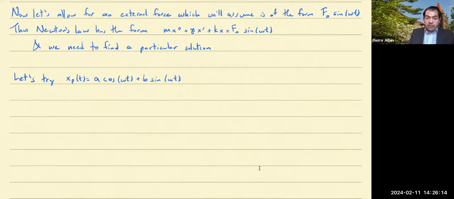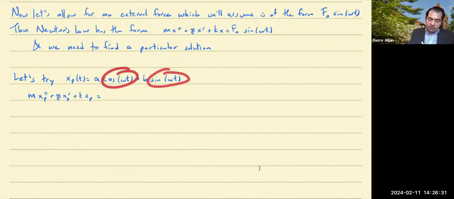Okay, so if we just plug this in, right, we have m xp double prime plus gamma xp prime plus k xp. Okay, and we know that if you plug in sine or cosine and take two derivatives, you're going to get minus the function you started with. If you have, say, sine of omega t, and you take two derivatives, you're going to end up with minus omega squared times sine of omega t.